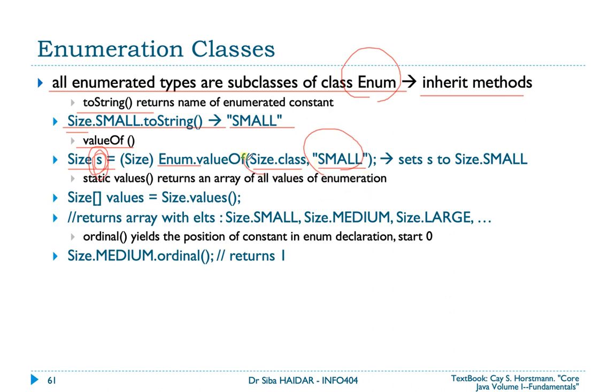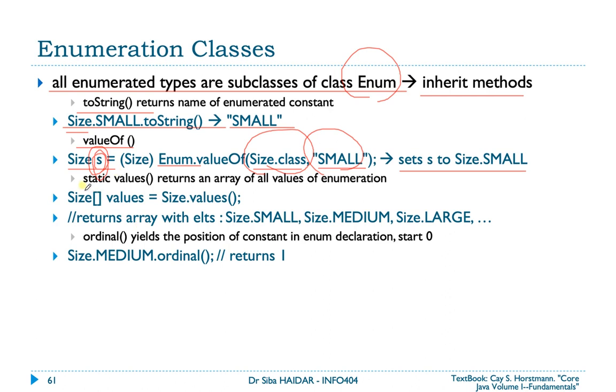Because this is a static method, you must specify each time which class. In our case, it is the Size.class class. And then what will it return? It will return the value of the string. The value of the string is the instance Size.SMALL. So all the four instances are also static fields inside the class Size.